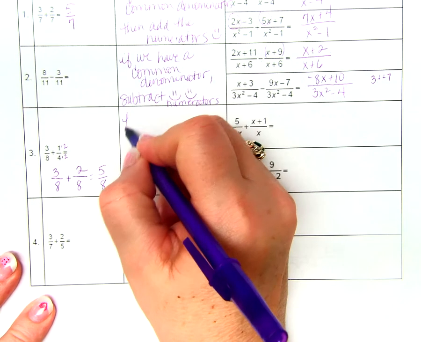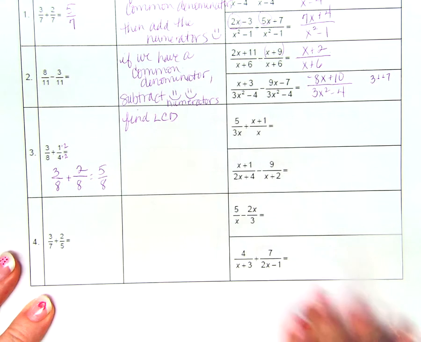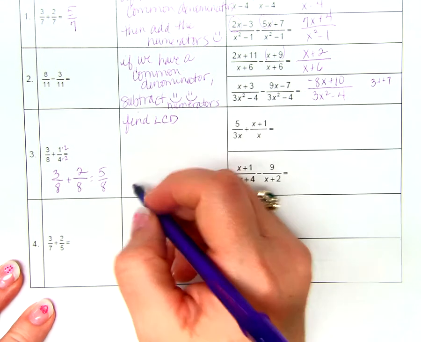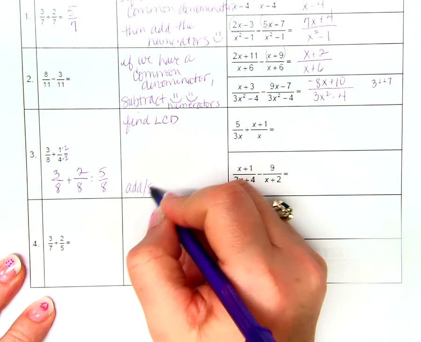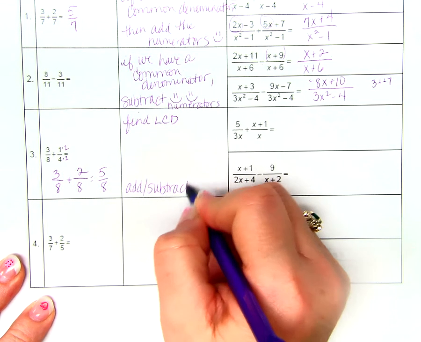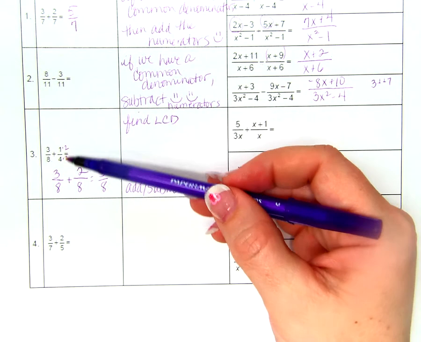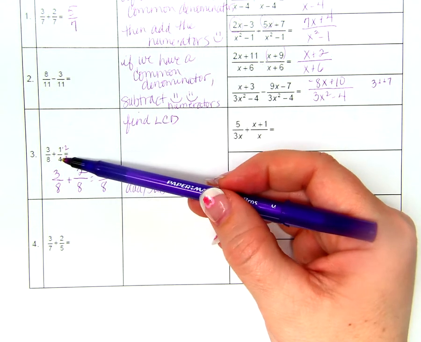So what kind of steps are we going to write down here? Okay, so we want to find... Can I write LCD? Do you know what that means? Can you write it? You'll remember? Good. So somewhere in between finding the least common denominator and adding or subtracting, something has to happen, right? What's happening here? It's the multiplication.